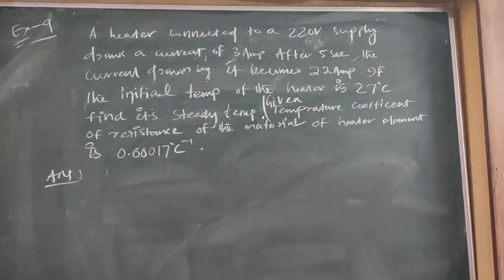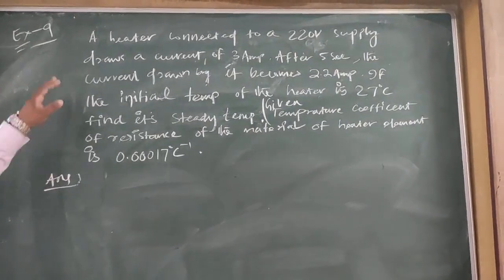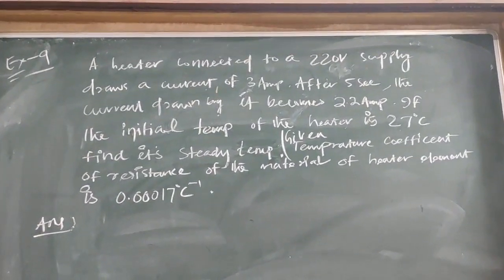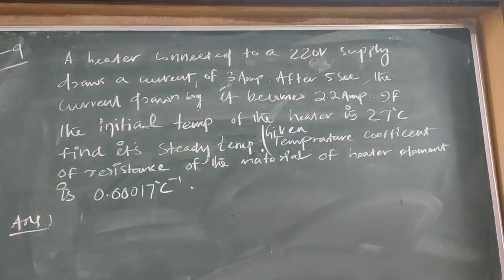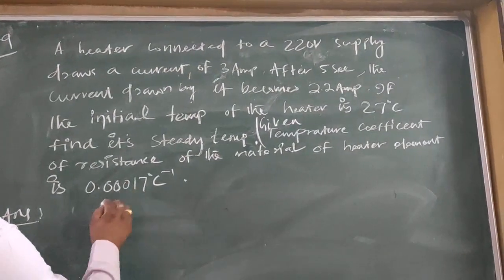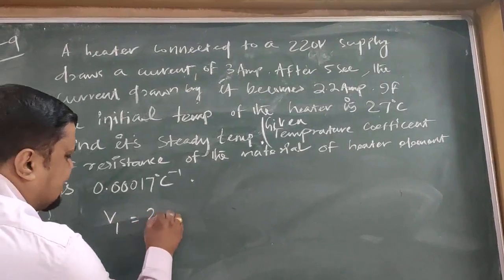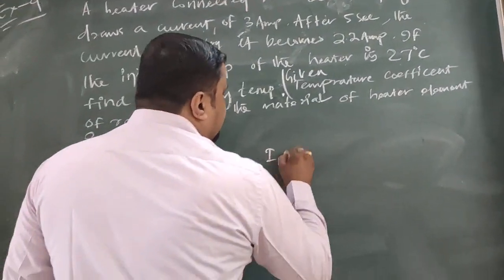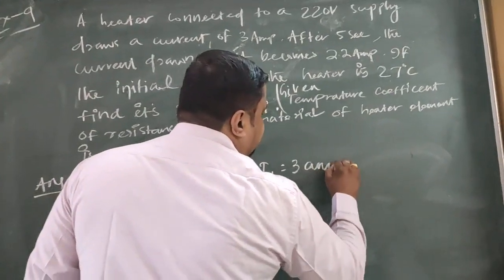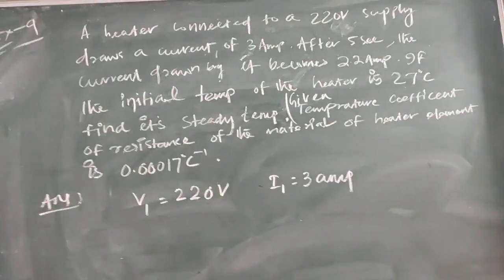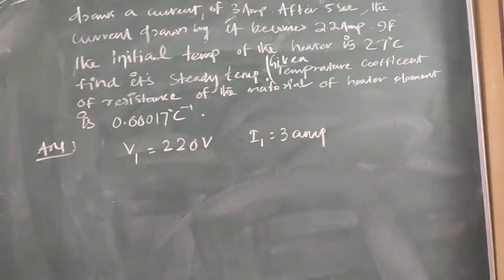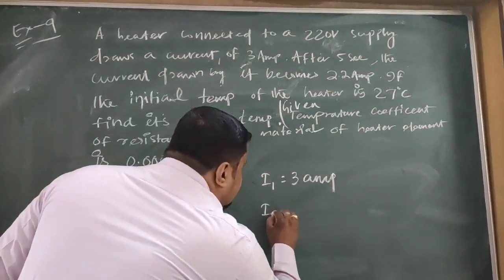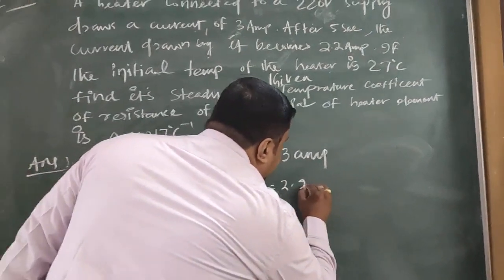Now come to example number 9. A heater connected to a 220 volt supply draws a current of 3 ampere. So at a 220 volt supply, the current I1 is equal to 3 ampere. And after 5 seconds, the current drawn by it becomes 2.2 ampere, I2 is equal to 2.2 ampere.